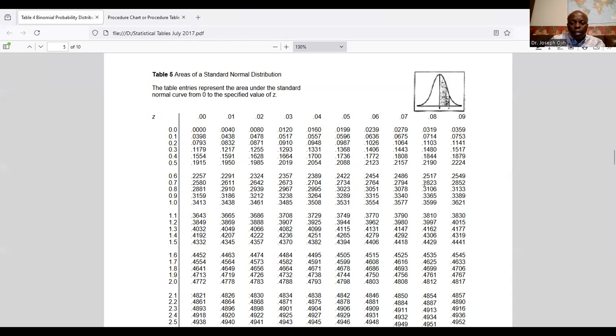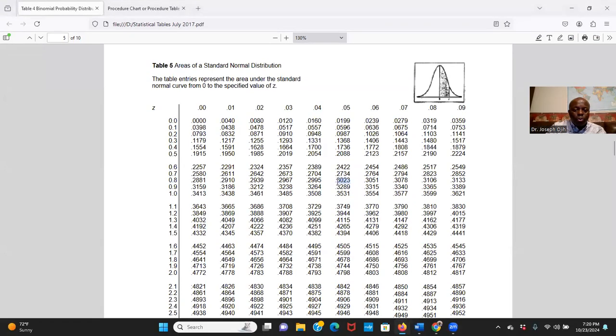I got 0.2995 and 0.3023. This one is bigger because it's 23 points away, so it's more far away. So you choose one that is closer, which is 2995.